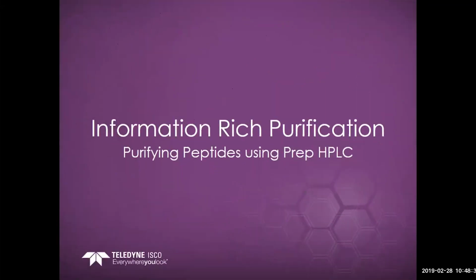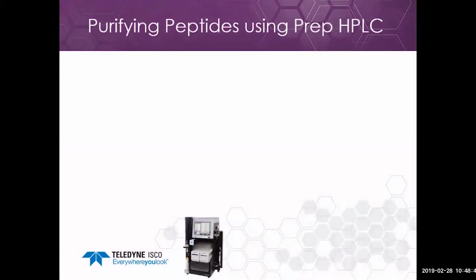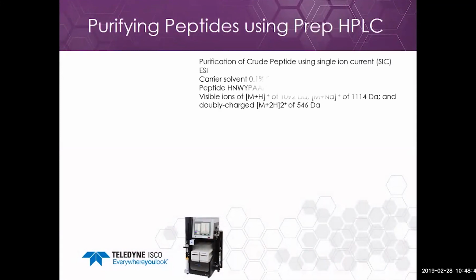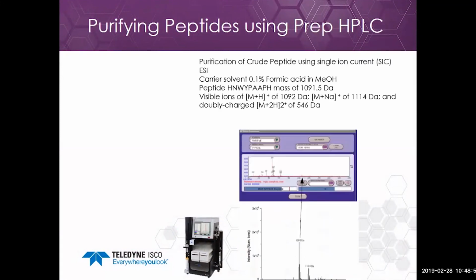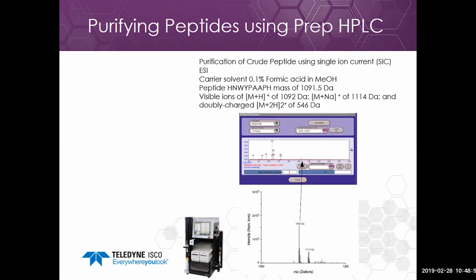So I want to discuss some examples with our PrEP HPLC systems. In this case, this is for the purification of peptides, and this is using our EasyPrep system. And the purification of a crude peptide here with a molar mass of 1,091.5 Daltons.